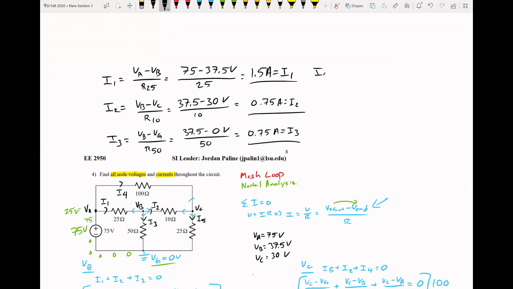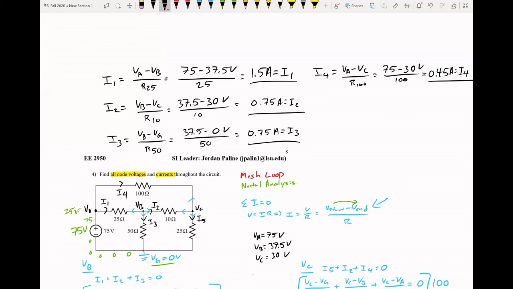I4 is equal to V of A minus V of C over R100, which is 75 minus 30 volts over 100. Which gives us 0.45 amps for I4.